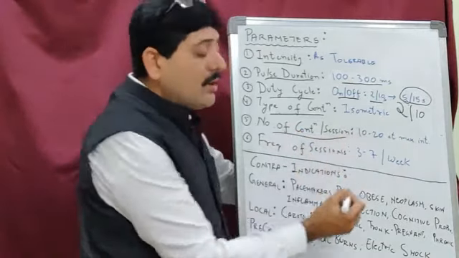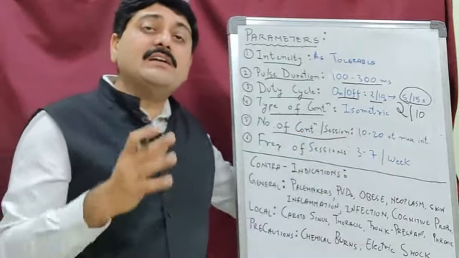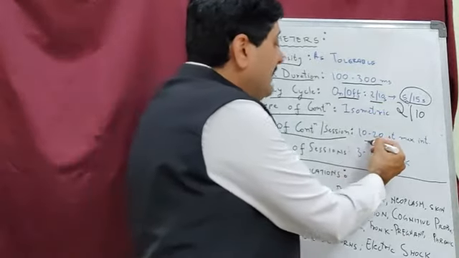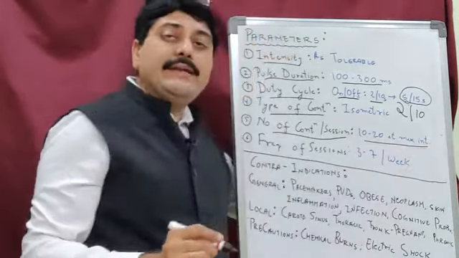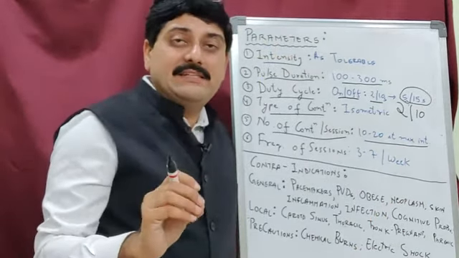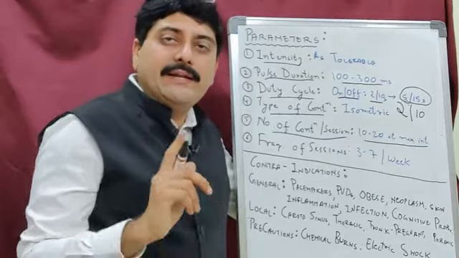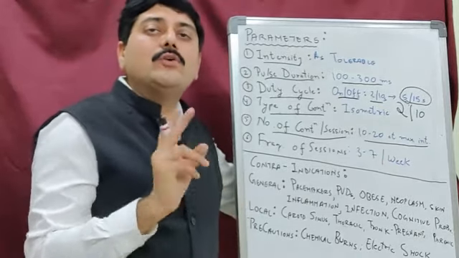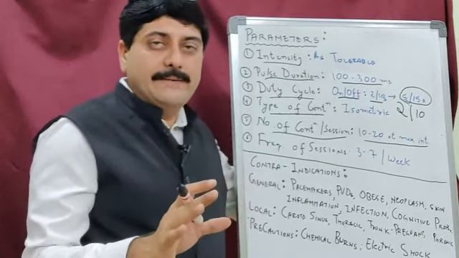Now, what is the number of contractions per session? Officially they say it can be 10 to 20 with maximum intensity tolerable, and you can go for 2 to 3 sessions of this in a day.